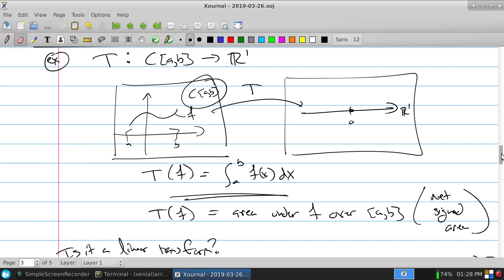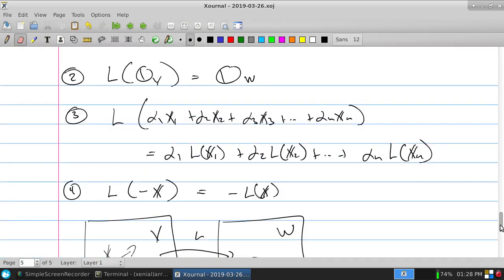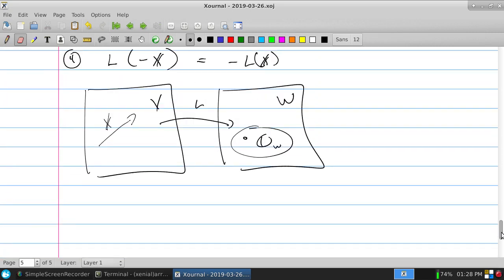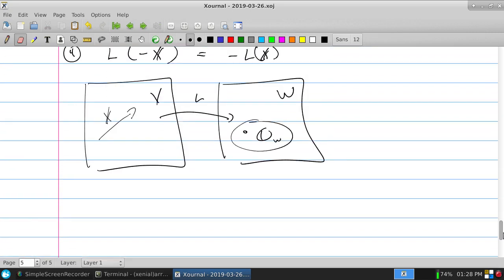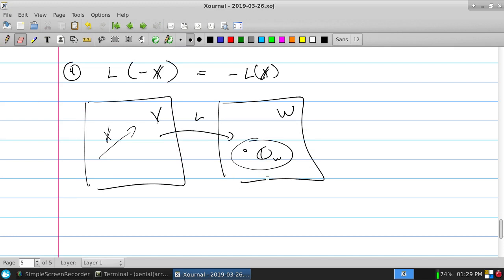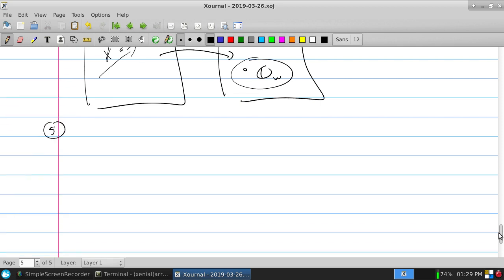It's kind of like the null space, and we give it a completely different name, though. So instead of asking who all is going to go to the 0 space, we're going to define what's called the kernel, which is ker.